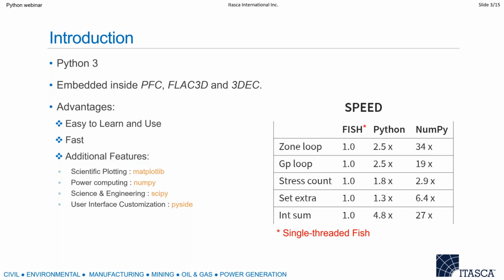It's easy to use and learn, and Python is fast. You can see here in the table we did a comparison of the speed between Fish and Python for some common operations, for example a loop over the zone list or the grid point list. You can see that Python is extremely fast, especially with NumPy.